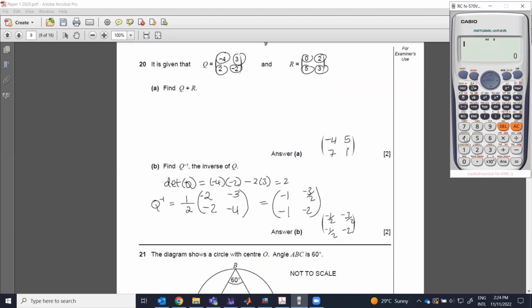Okay, so now we multiply matrix A times matrix B, and you can see it gives me the identity, and you check the other way as well.